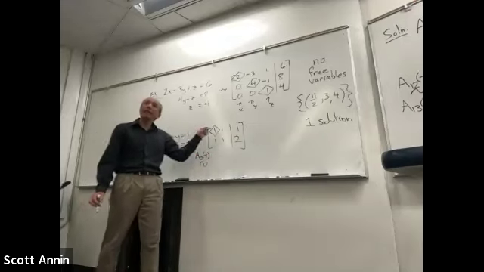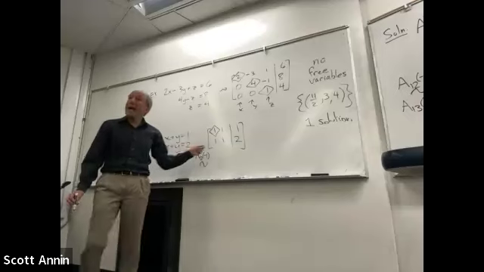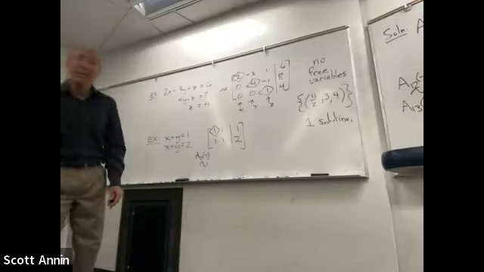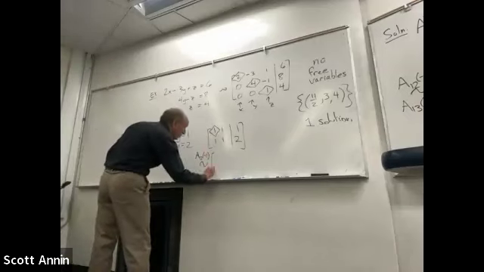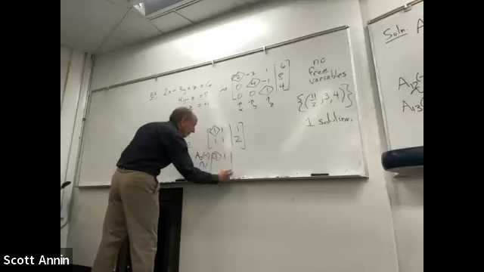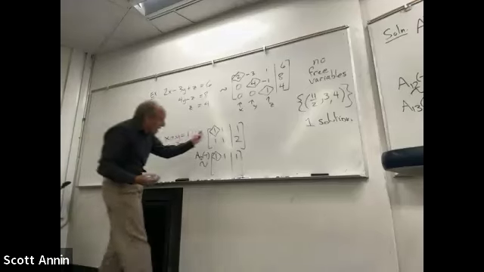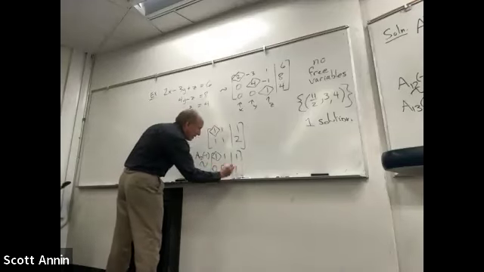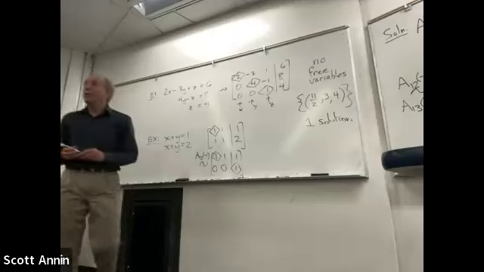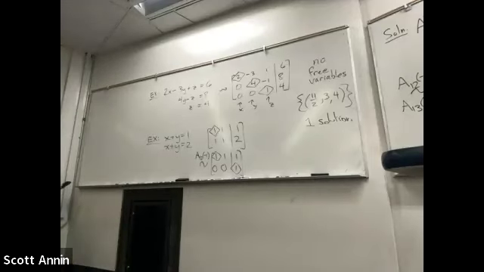So that would be the negative of the first row being added to the second row, right? It doesn't change the first row at all. But the negative of that being added to the second row actually gives me a second row of 0, 0, and 1. And now we see what is going wrong here.